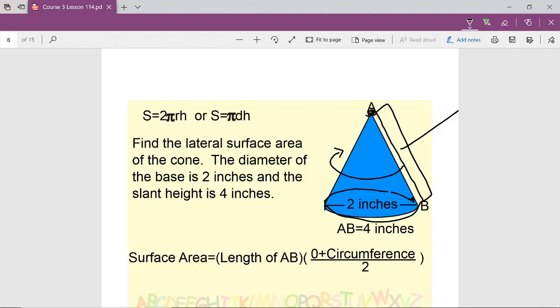Well, to find the lateral surface area, I would take the width of the broom times the average distance.